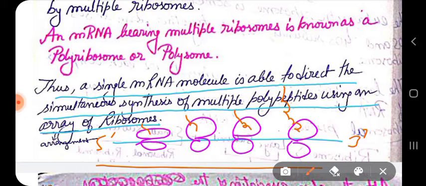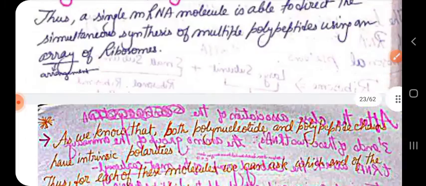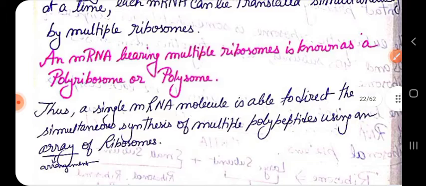Where in orange I have shown you the polypeptide synthesis, it is getting elongated as the ribosomes are moving downstream, and multiple ribosomes are attached to the same mRNA, that is called a polysome. So this was about the polysome.